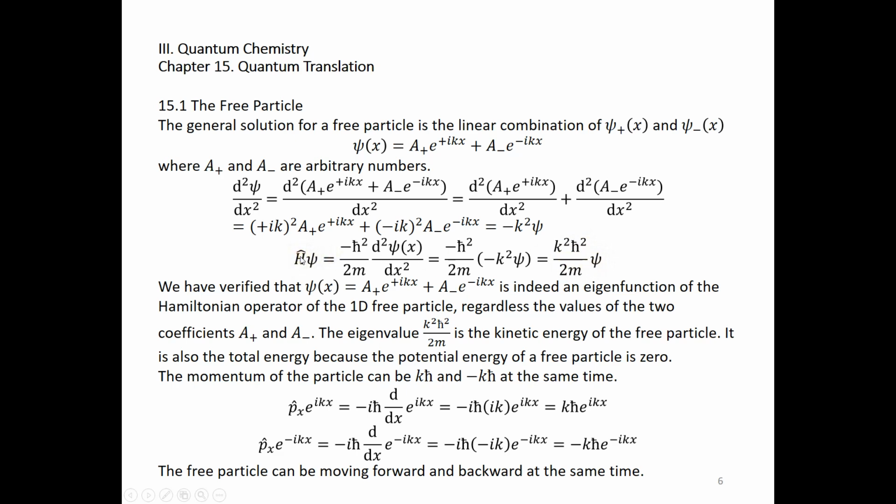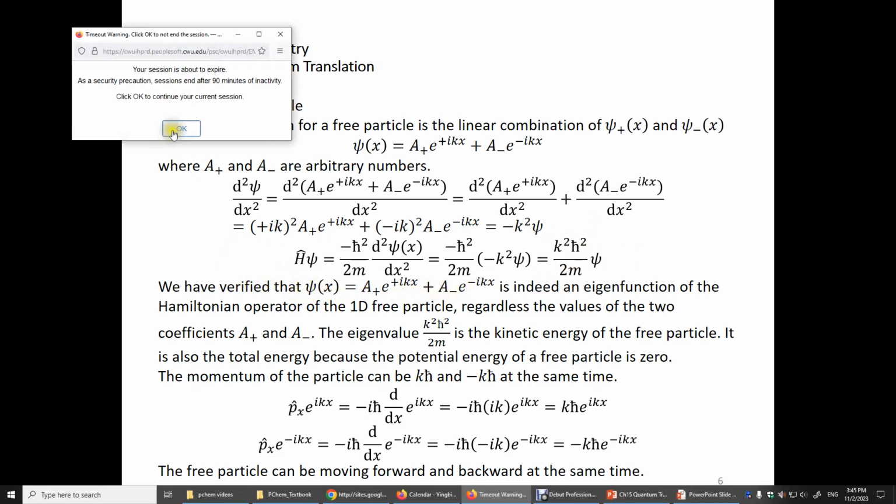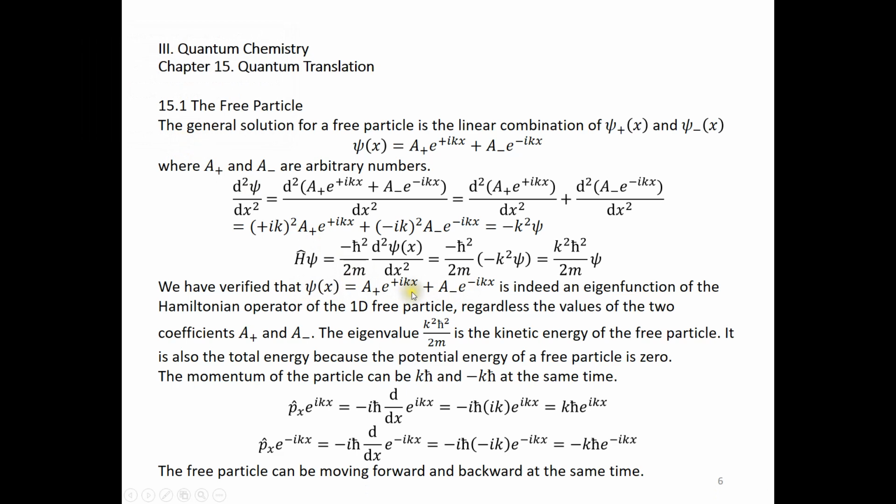Again, H psi equals E psi, and over here k squared h bar squared over 2m is the energy of the system. So we have just verified the linear combination of e to the power of plus ikx and e to the power of negative ikx is also an eigenfunction of the Hamiltonian operator for the one-dimensional free particle, regardless of the values of a sub plus and a sub minus.